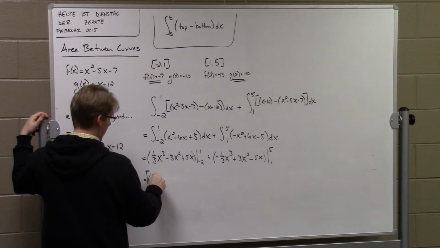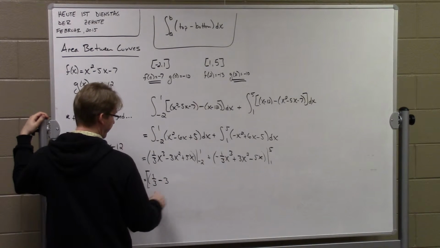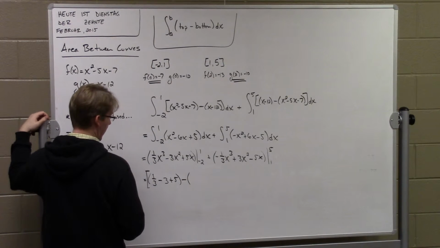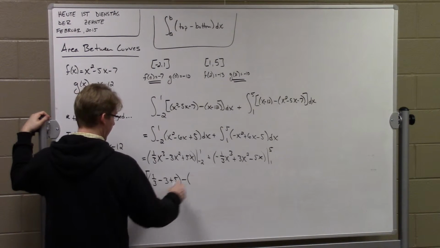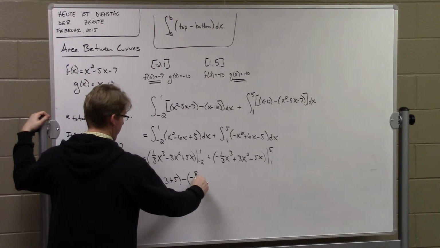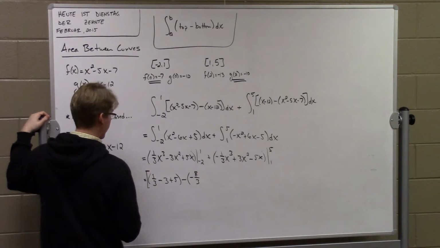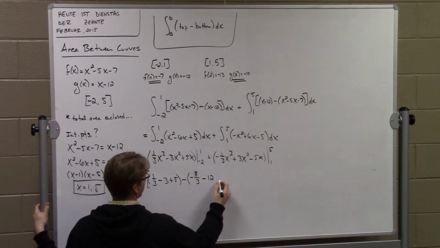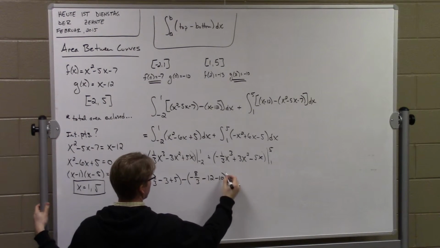1/3 minus 3 plus 5. Then we're going to subtract minus 8/3, minus 12, minus 10.